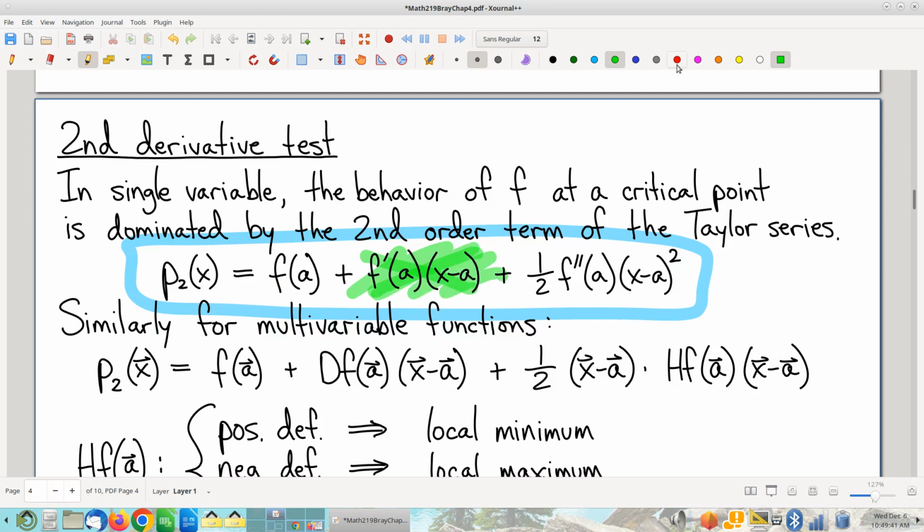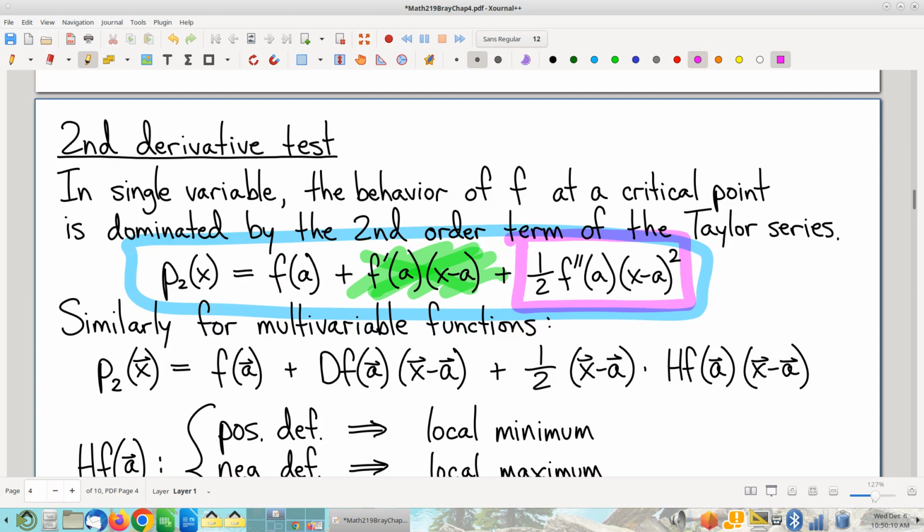Then whether or not this is a max or a min is going to entirely be determined by whether this term is positive or negative. And here's the thing, 1/2 is always positive. This square is always positive. Well, it's never negative. So it comes down to just looking at f double prime. It's as simple as that. So whether f double prime is positive or negative entirely determines whether this is a min or a max.